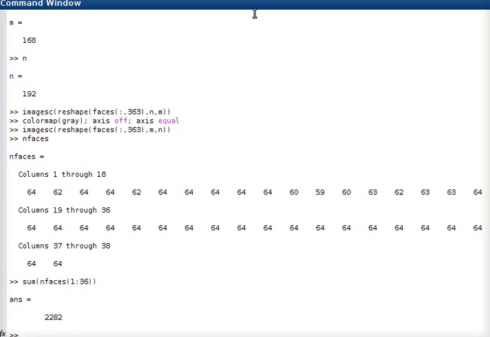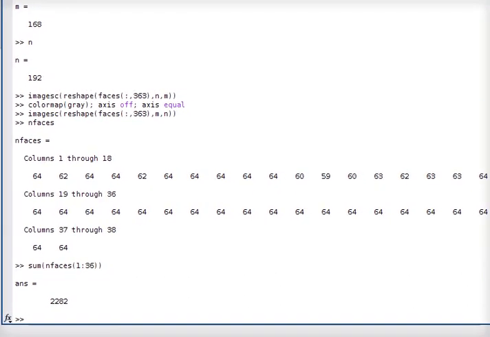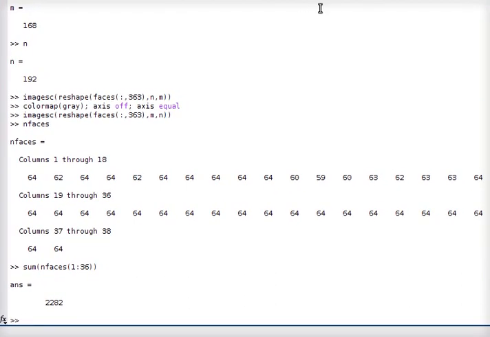Okay, good. I see I'm running out of room at the bottom there. Let me blow that up a little bit so you can see it better. Okay, so now let's go ahead and say training faces. Again, this is in your script in the notes, and it's also available on the class website.